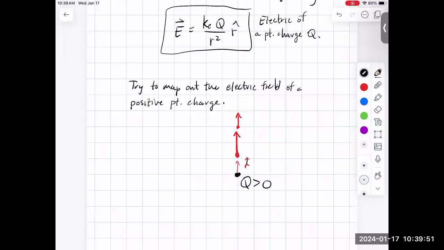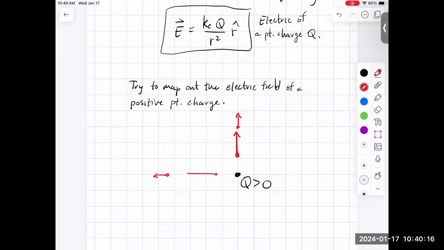And then we just keep going, and we say, let's pick some new point over here. Now my r hat points from Q to the point. This one's pretty far away from Q, so we get a small electric field. And then we just keep going, and we do this over and over again for a whole bunch of different points.